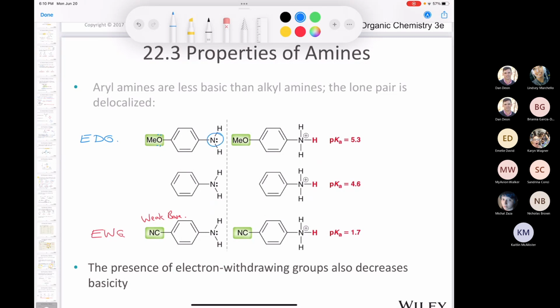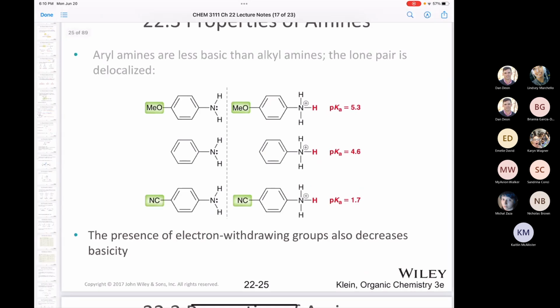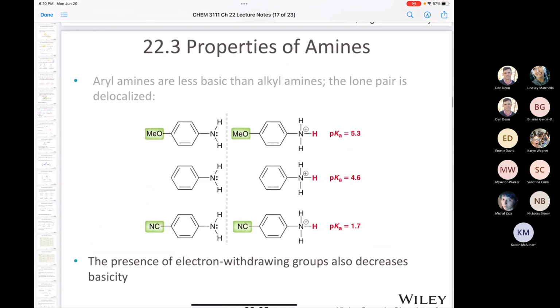It's a stronger base, and therefore its conjugate is a weaker acid. So let's pencil that in here. This is going to be a stronger base. We'll put in here weaker acid, and down here a stronger acid.